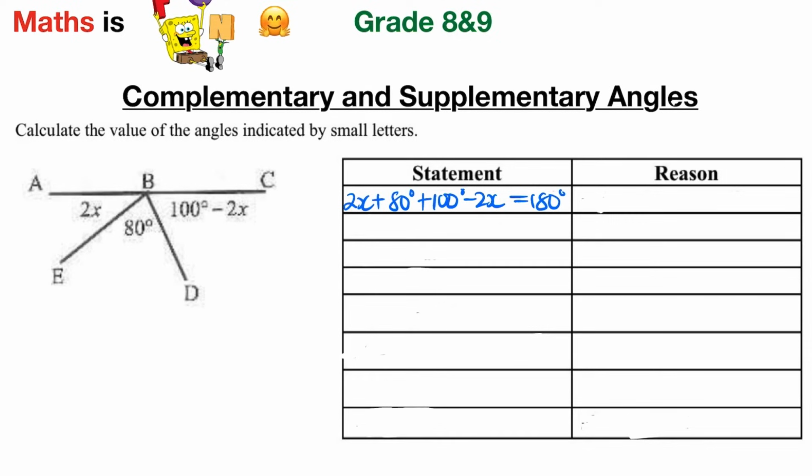Remember, I said all these angles, they add up to 180 in this straight line. So the reason here, it will be what? Angles in a straight line, or supplementary angles.